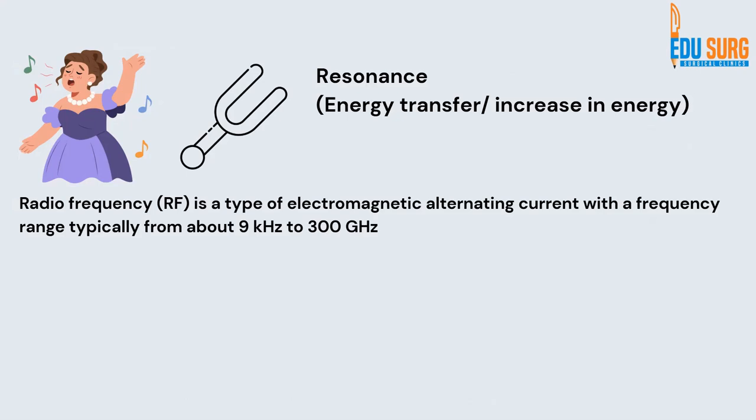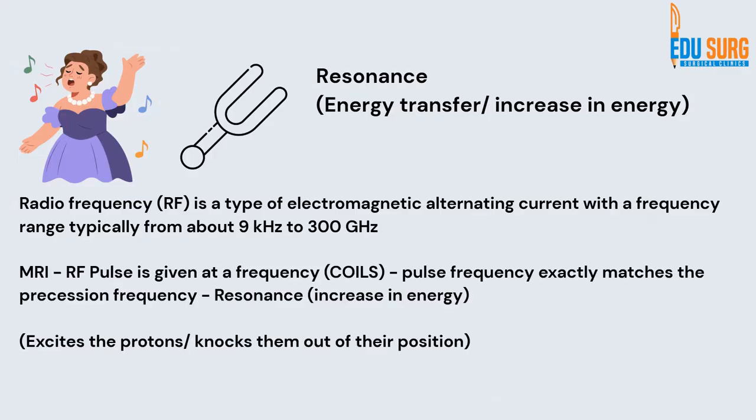So radio frequency is a type of electromagnetic alternating current with a frequency range which typically matches the radio frequency spectrum, that is 9 kilohertz to 300 gigahertz. But actually the radio frequency pulse that is used in the MRI machine for resonance is an electromagnetic alternating current.